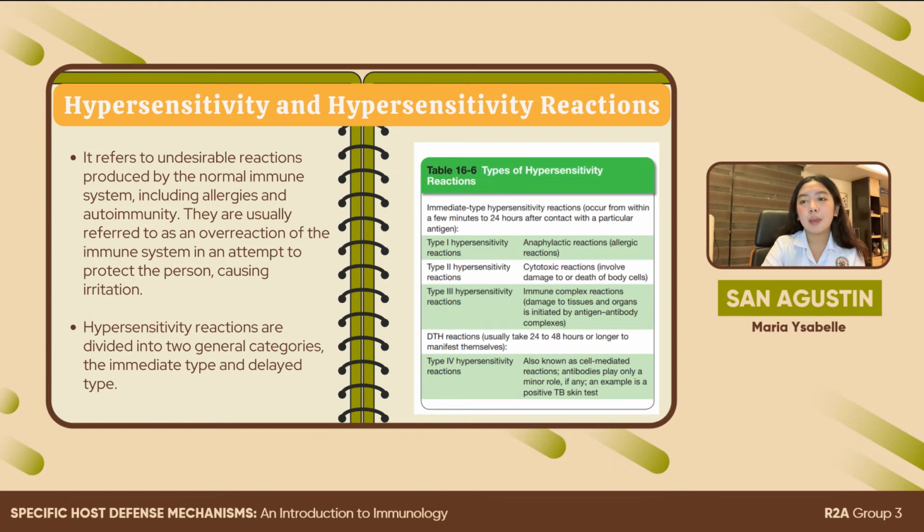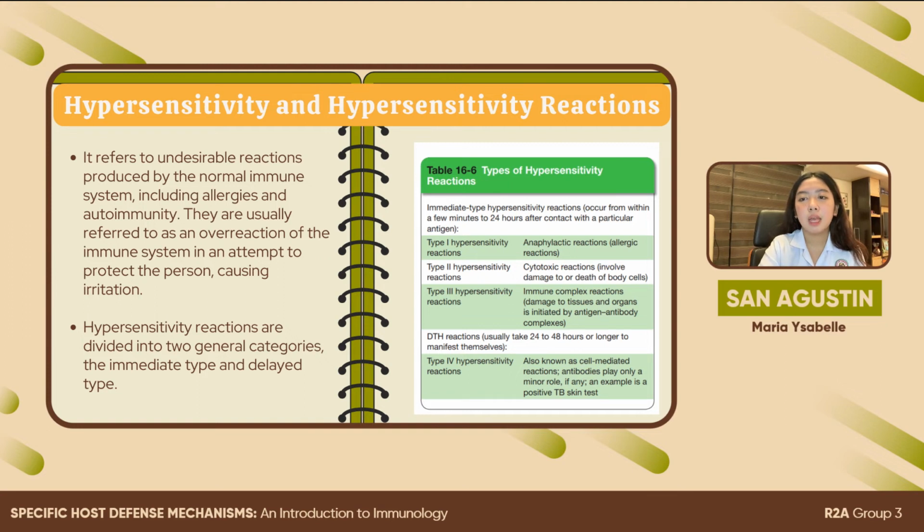The immediate type of hypersensitivity reactions occur from within a few minutes to 24 hours after contact with a particular antigen. So that's type 1, which is the anaphylactic reactions or the allergic reactions. The type 2 hypersensitivity reactions or the cytotoxic reaction involve damage to or death of body cells.